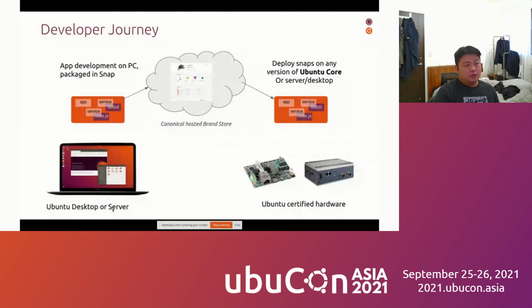And after you build the first snaps, you can upload them to the store, right? For the Ubuntu Store, we have a public store, which is made for everyone, free of charge, and anyone can register an account and start publishing their snaps in the public store.